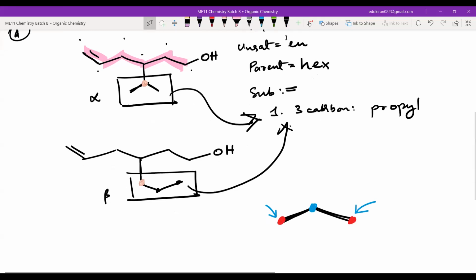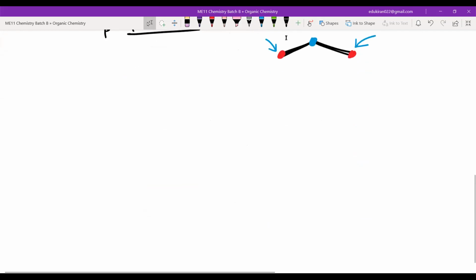Okay, so we will tackle the different points of attachment here, and we will start with 3 carbon atoms. Okay, let us start with, if you have 3 carbon atoms as substituent.